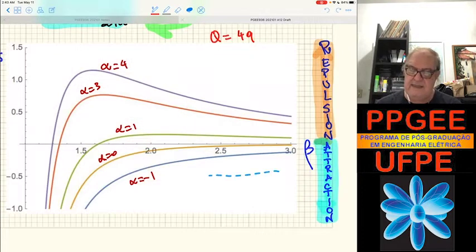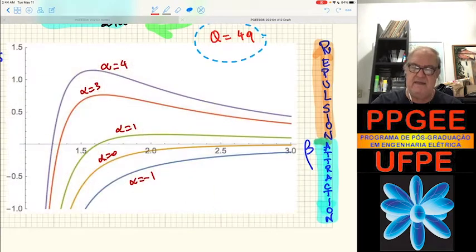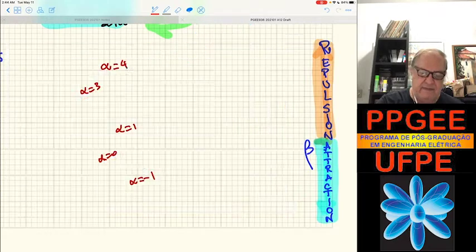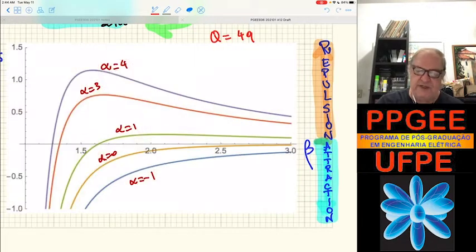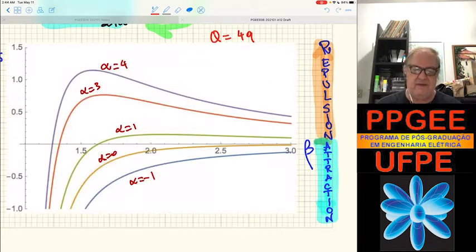So as the distance starts to decrease, if you approach the charge very close to the surface, even if the charge has the same sign, there's a point at which the force changes sign, and the repulsive force starts to be an attractive force. So I have, for instance, a positive point charge and a positively charged sphere.